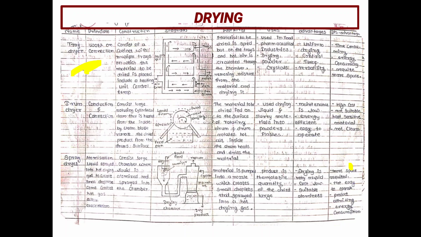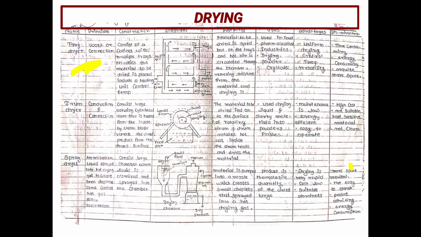Hot air is circulated through the chamber over the trays, removing moisture from the materials and drying them. Looking at this diagram, the different trays are placed in the instrument and the powders are dried. It is used in the food and pharmaceutical industry for drying powders, but it is a time consuming process, batch wise, energy consuming, and more space is required.